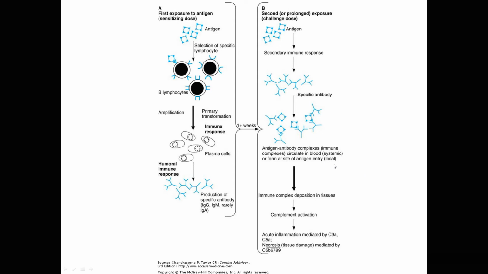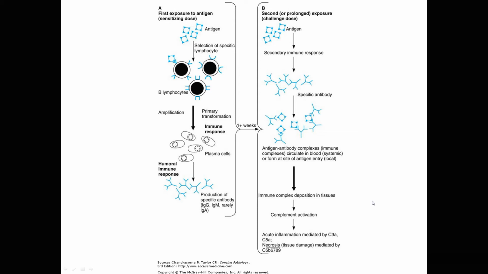Deposition locally into an organ will cause the so-called Arthus reaction, localized tissue vasculitis and necrosis because of the focal formation and deposition of immune complexes. There is a planting of antigen within a particular tissue, for example, into the kidney, into the renal glomeruli.